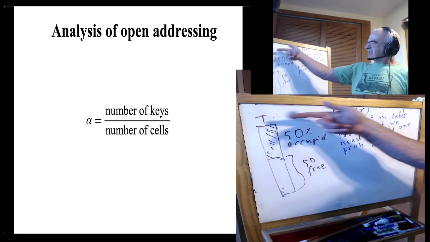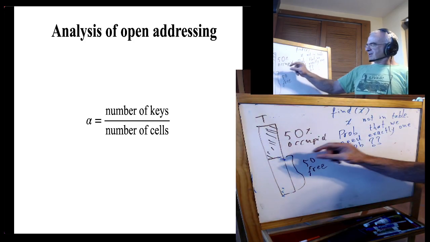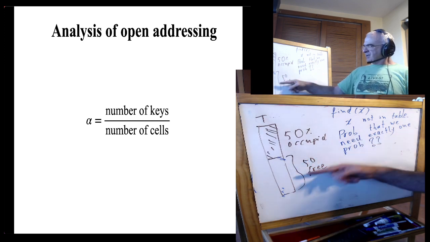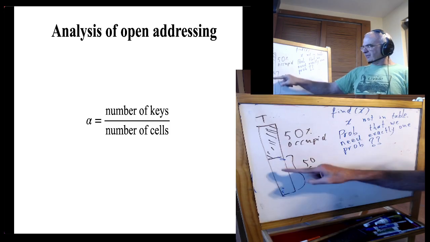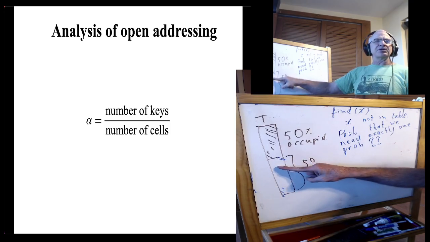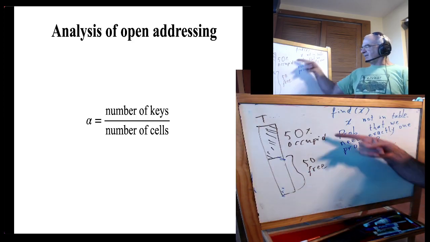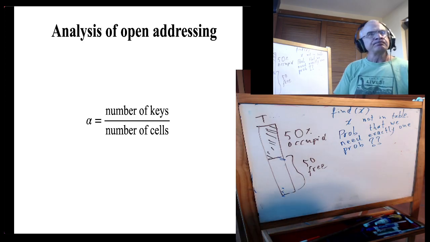If I assume that every index has the same chance to be hit, the only chance that you need only one probe is that your first probe landed in the free zone. And if you landed in the free zone, then your search immediately says X is not there, because if X was there, it would be where I probed directly. Right?